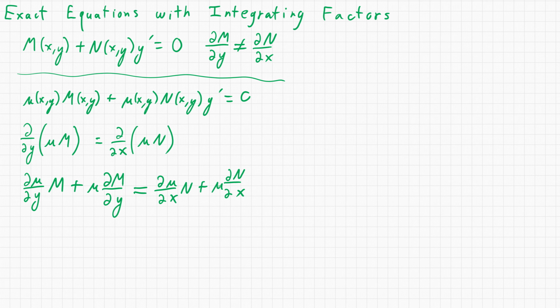It's no longer an ordinary differential equation. This is a partial differential equation. I have the partial derivative of mu with respect to y here, I have mu here, mu here, and the partial derivative of mu with respect to x here. It's extremely difficult to solve.